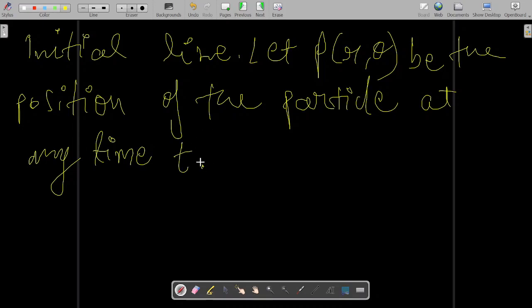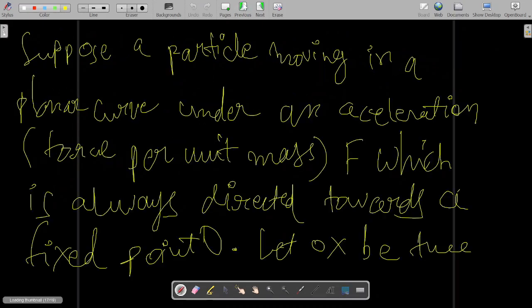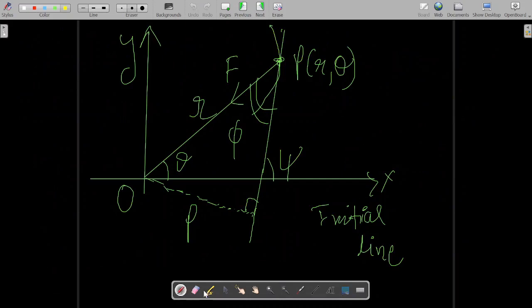This is the position of the particle at any time t, which has already been shown to you over here.